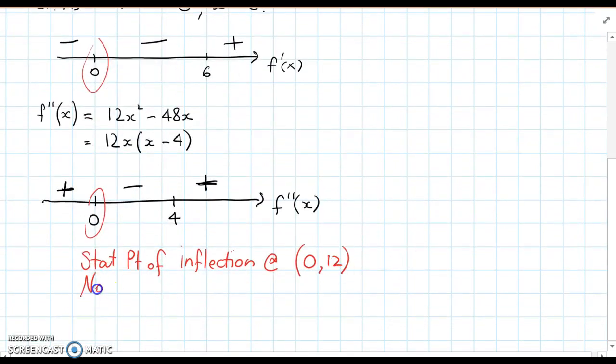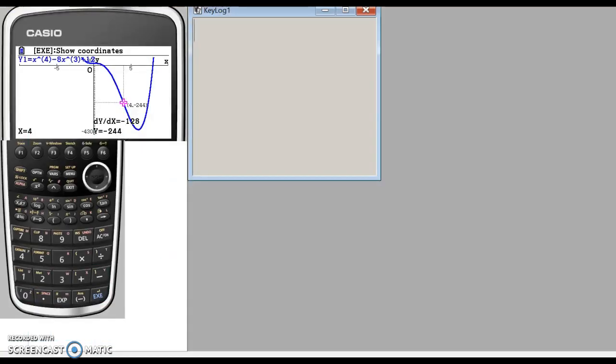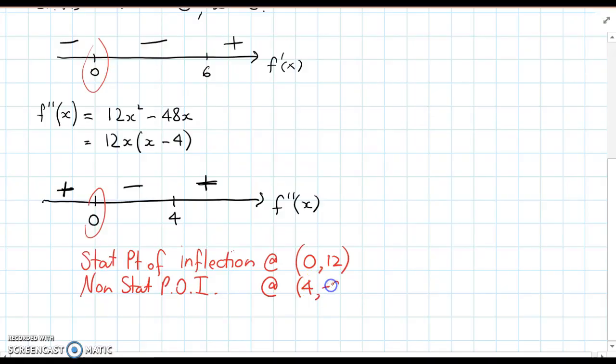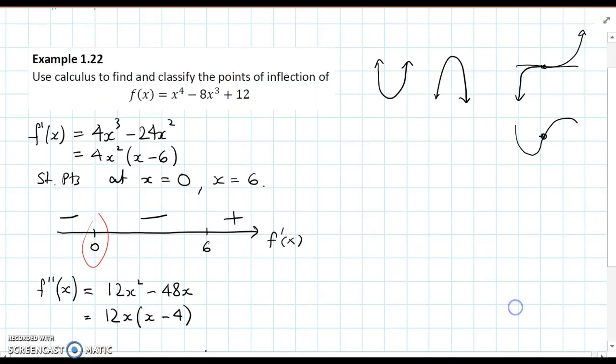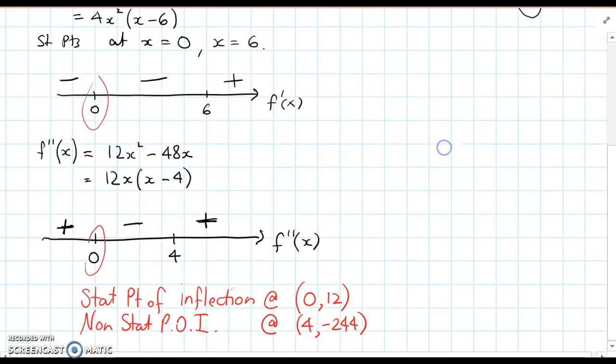And our non-stationary point of inflection is at 4, negative 244. So points of inflection identify the change of shape, and we do that by using the second derivative of our function.